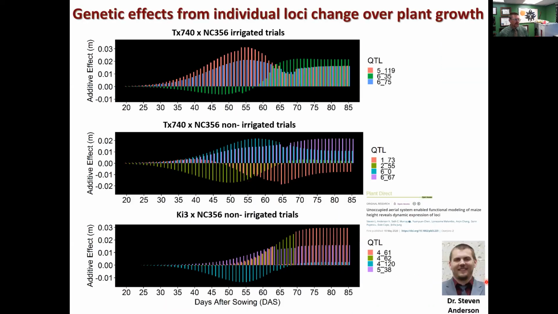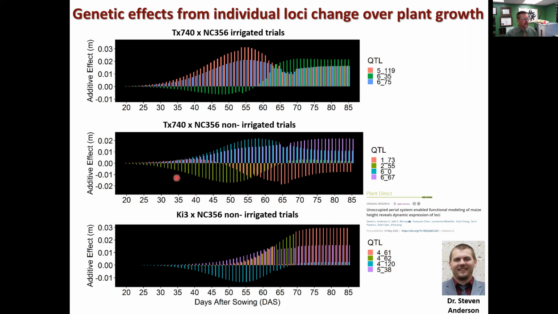Now, one of the coolest things when we combine this with genomics information is we actually saw that the QTL change over time. So remember, normally we measure plant height with a ruler. And if we only measure plant height with a ruler, we would only detect the QTL that show up at the end of the season.